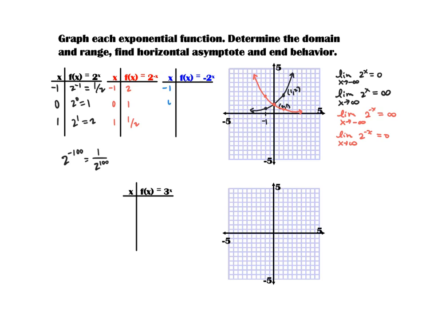All right, let's look at how that's different than the blue function. If I plug in -1, 0, and 1, I'm going to get the same values as the black function, the original, except the opposite sign. So that should be a -1 and a -2. This is going to be a vertical reflection of the original graph, the original parent function.